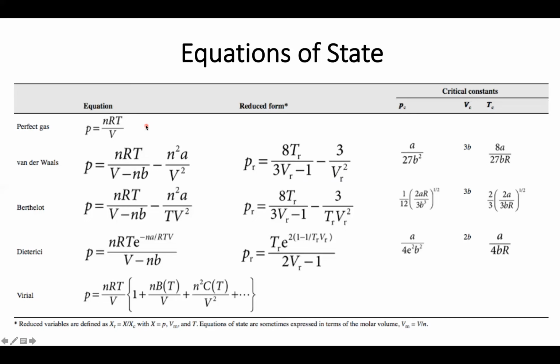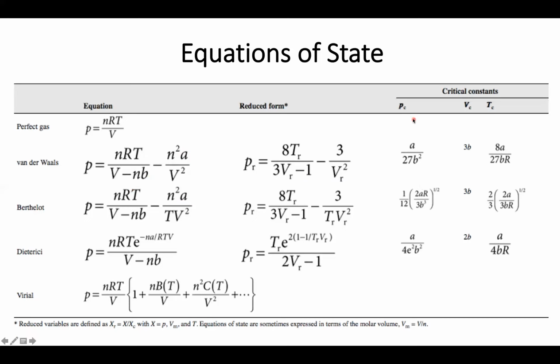But one of the other cool things is that each of these three forms of the gas equations of state have a certain set of parameters, for example, A and B. Well, it turns out that these A and B parameters can actually be determined from the critical constants.